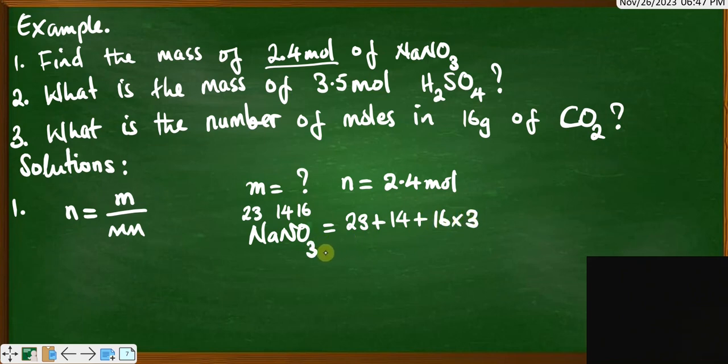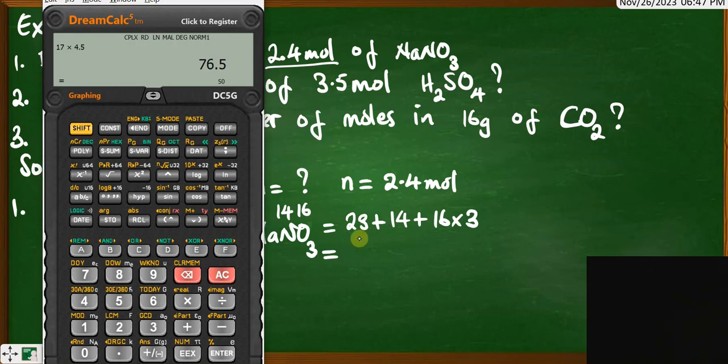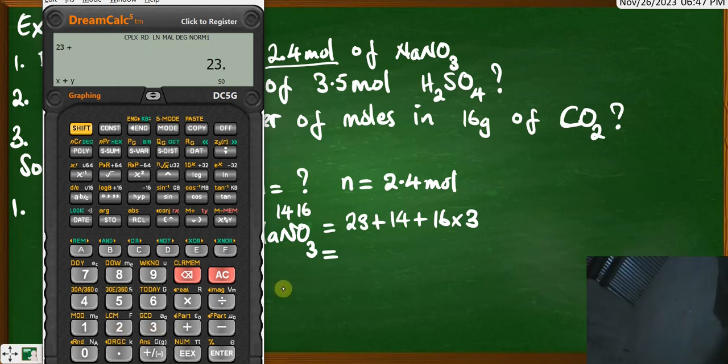Let me pick the calculator. 23 plus 14 plus, open brackets 16 times 3, close, then I'll have 85.